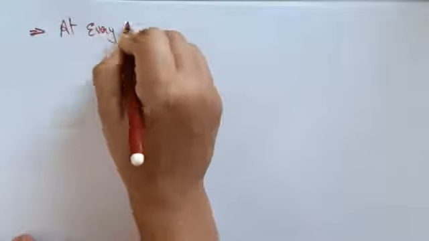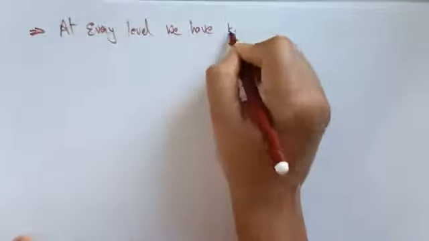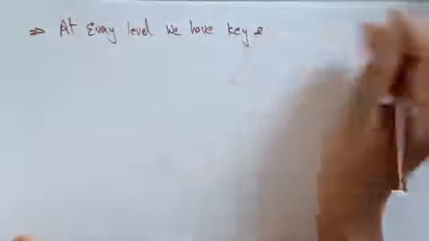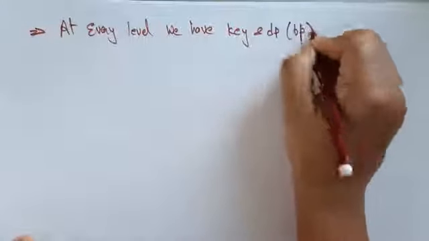Before going to the concept of B trees, I want to give some properties of B trees. At every level, we have a key and a data pointer, or we also call it a block pointer.